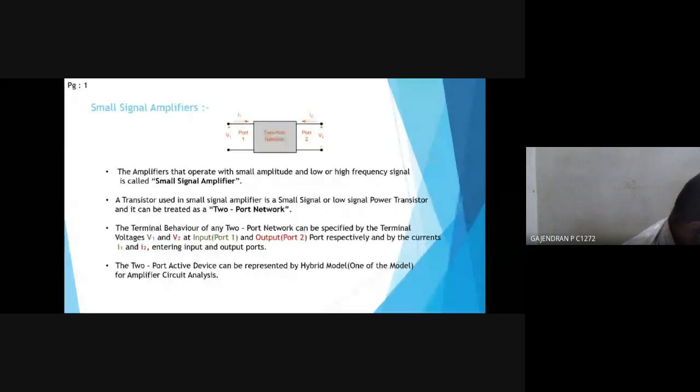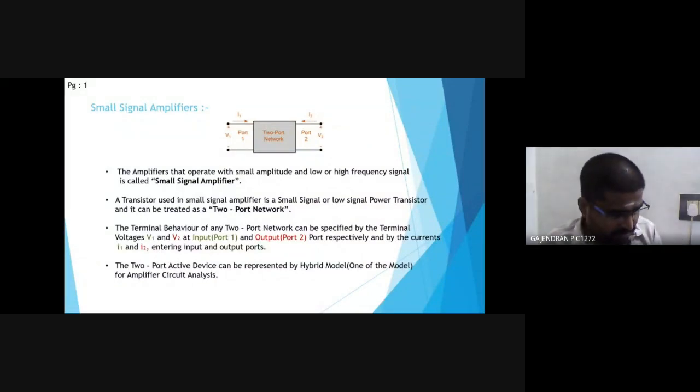V1 at input port and V2 at output port. Similarly, input current means I1 and output current means I2, and I mentioned the colors too for better understanding. The two-port active device can be represented by hybrid model, which we'll talk about later.